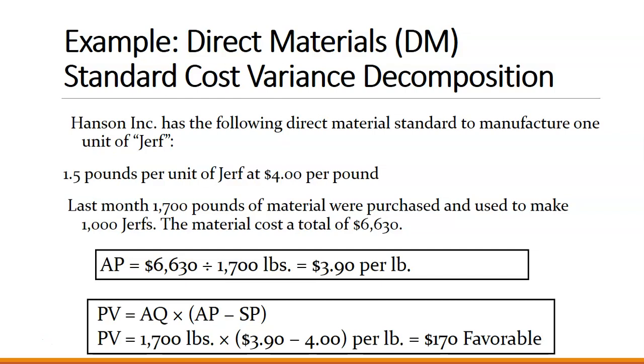Last month, we used 1,700 pounds of material to make 1,000 jerks. The material cost a total of $6,630. So if we take our cost divided by the pounds of usage, we get an actual price of $3.90 per pound. We take our actual quantity of 1,700 pounds times the $3.90 per pound we actually paid minus our $4 standard price and end up with a $170 favorable direct materials cost variance.